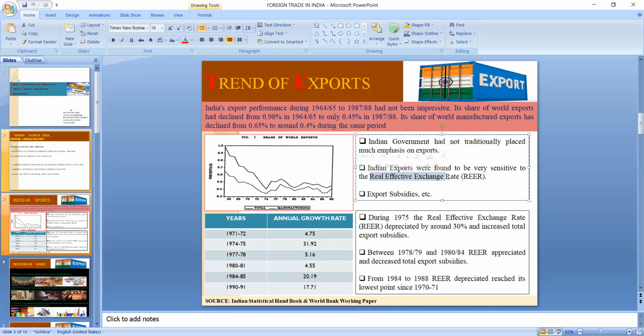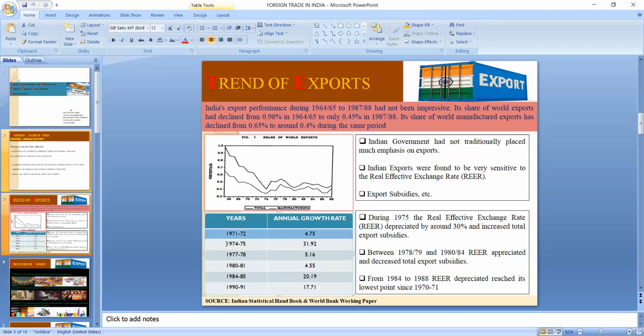Next, we are going to discuss the impact of export subsidies on the volume or trend of export. If you look into these data, you will find that during 1971-72, the annual growth rate of export was 4.75%.